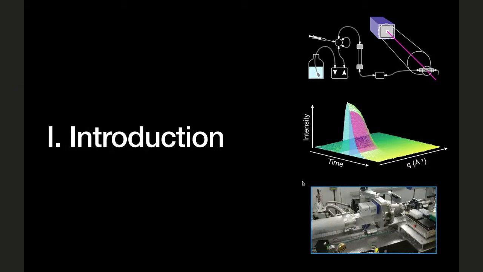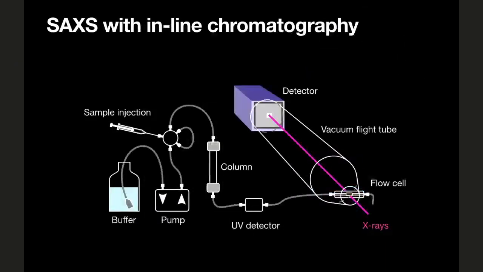Okay, so I'm zooming in now on this cartoon, and I'm just going to go through what the different components are. Many of you will be familiar with size exclusion chromatography because it's kind of a standard thing that's done in protein purification, but I know some of you may have not heard of this before, so I'll try and go through what these parts are.